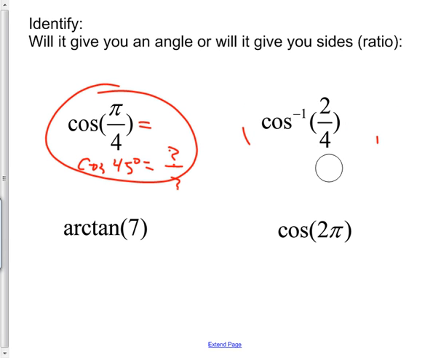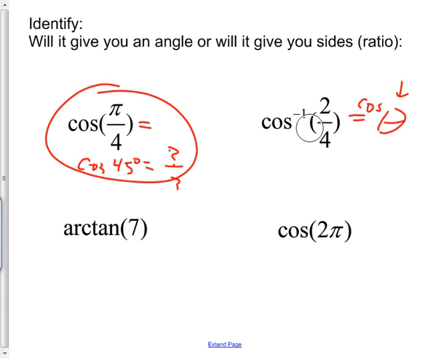It doesn't have any variable right now. So it would have been like this. And then how did they get this inverse cosine? Probably because they did inverse cosine to both sides, right? Do you know how I can get rid of the inverse cosine? Cosine of both sides. And notice what happens. It's cosine of some angle is equal to 2/4. Do you see that they actually gave me sides? And then they want to know what the angle is.